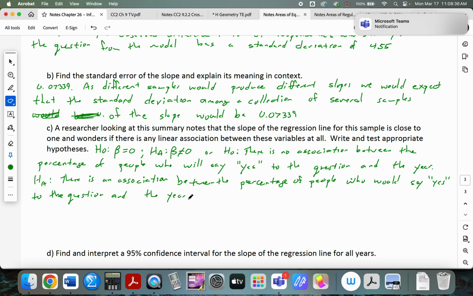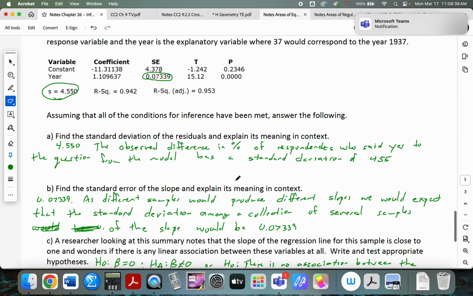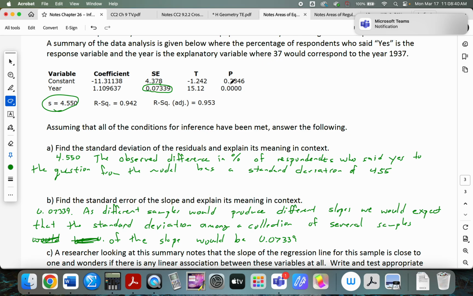For this one, I'm not even going to set an alpha level because right up here, it gives us our p-value for the slope. The p-value is basically 0.